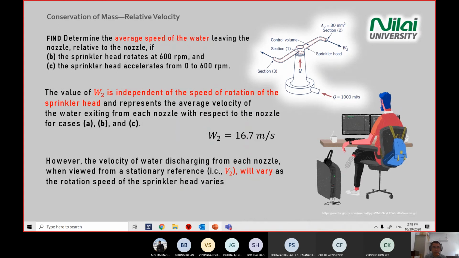However, if the question changes to find the V2 component, then it will be different. Just notes for sections B and C: if you only look at the relative velocity W component, then it will be the same whether it rotates or not.